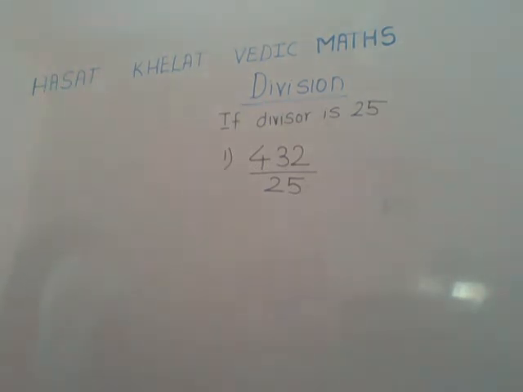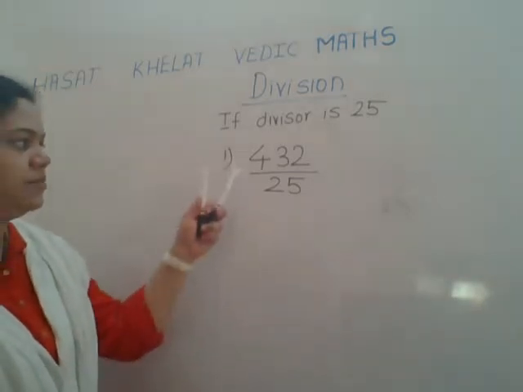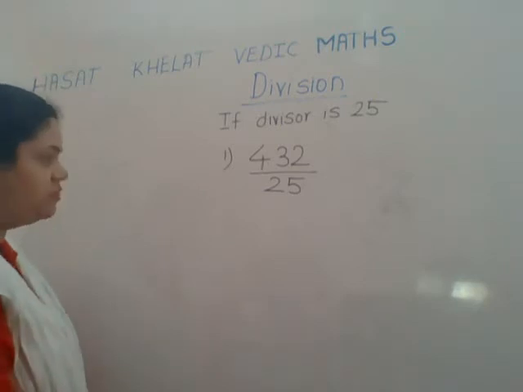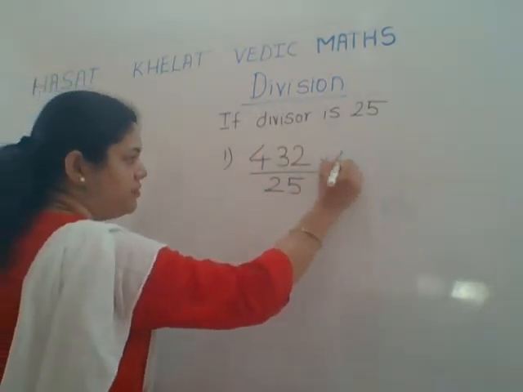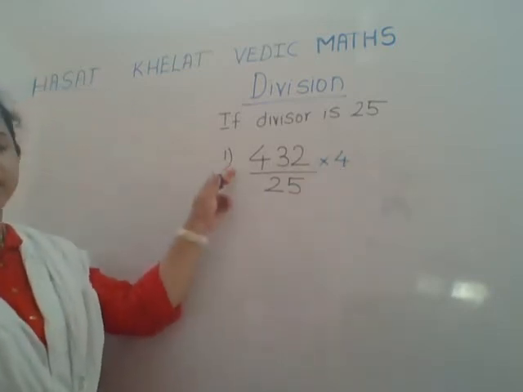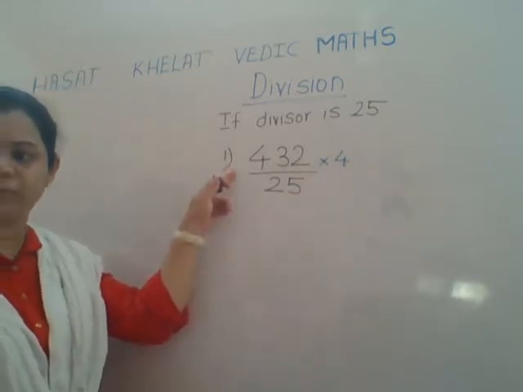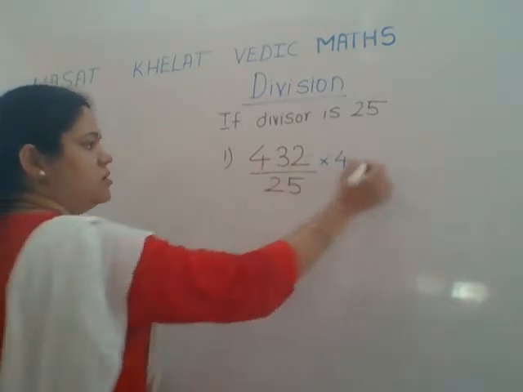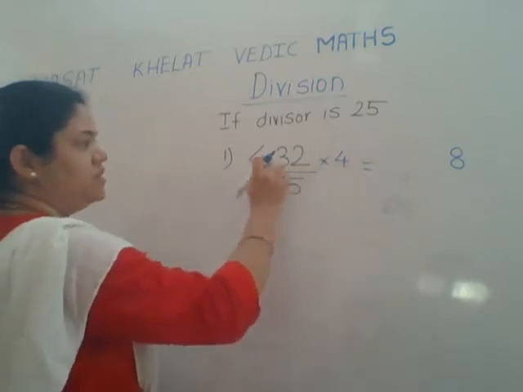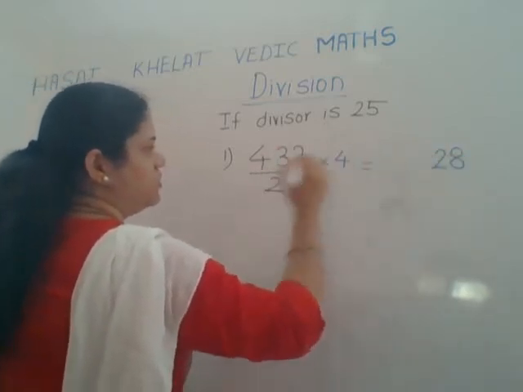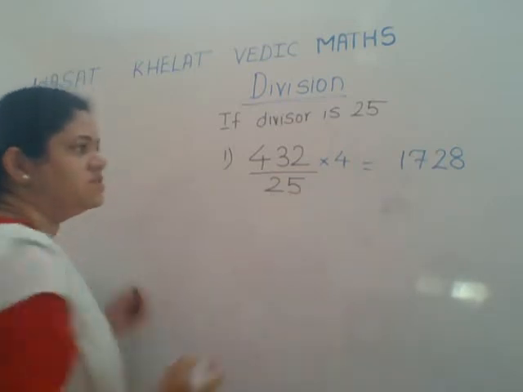Now what to do? When we have to divide a number by 25, we will multiply this number 432 by 4. Let's see what the answer is. 4 twos are 8, 4 threes are 12, and so on: 1728.